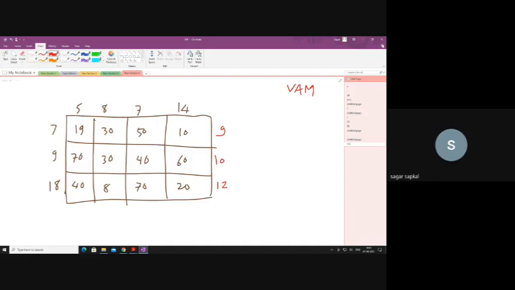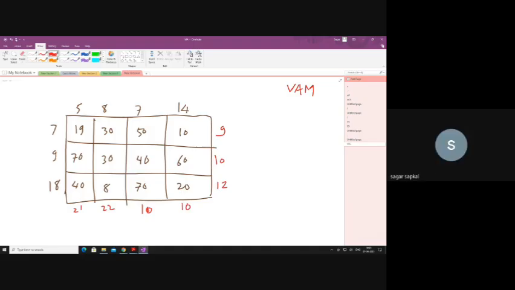First column it is 40 minus 19, 21. Second column it is 30 minus 8, 22. Third column it is 50 minus 40, 10. Fourth column it is 20 minus 10, 10. Is it okay? Yes, sir. Okay.